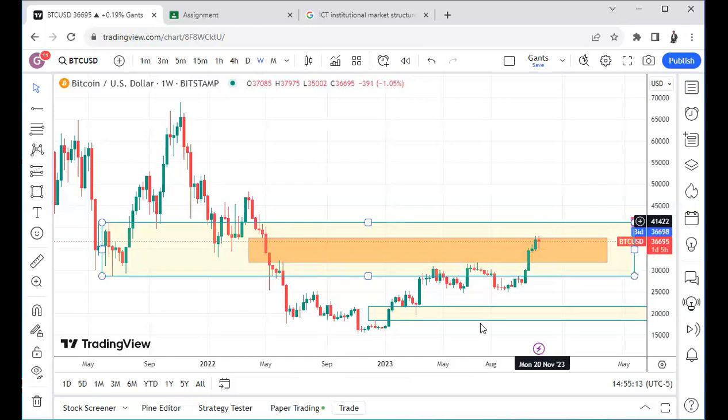This level should act as resistance to take BTC lower. You can see how we traded to it, and then two times now it poked its head above, the wicks above it, but the bodies are inside. So I want to see downward movements.